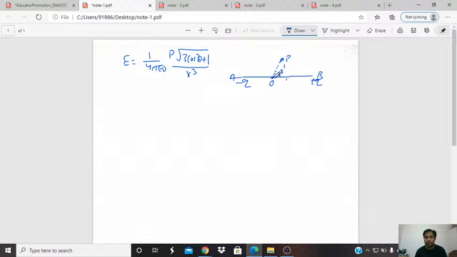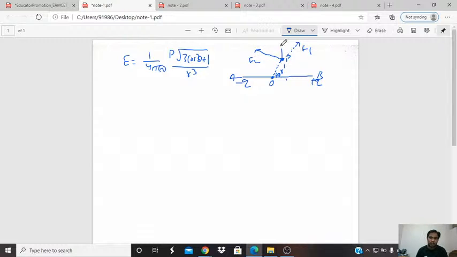It is in two dimensions, so along the line of the dipole there is one component E1, and perpendicular to it one component E2.